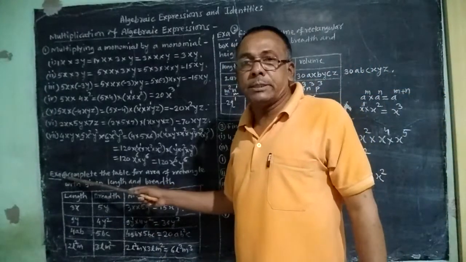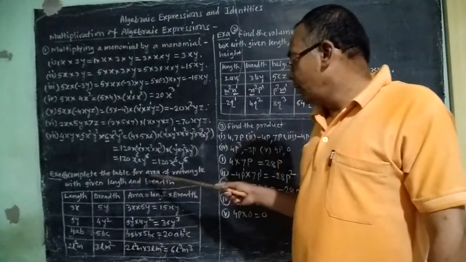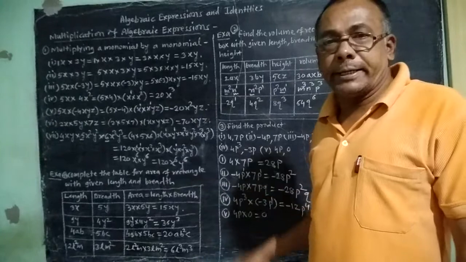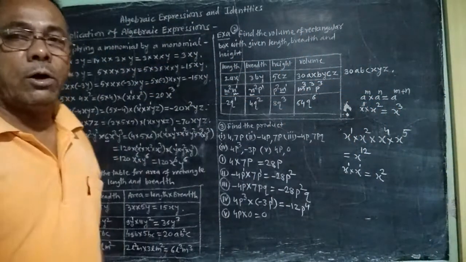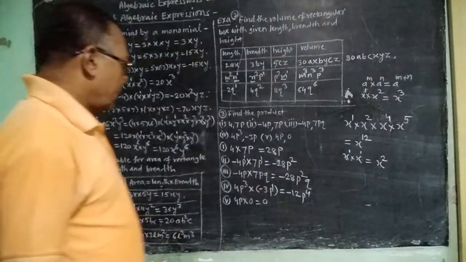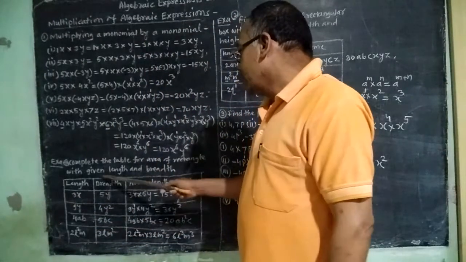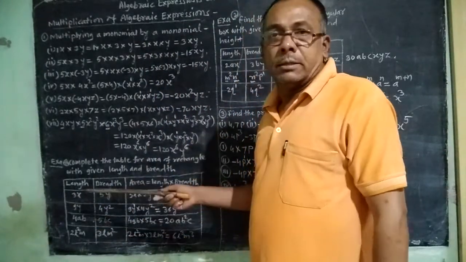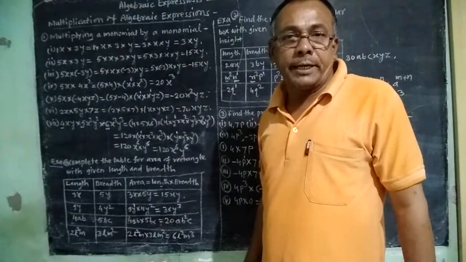The first example is to complete the table for the area of the rectangle, and here it is given the length and breadth. Here we know that length into breadth is the area of the rectangle.